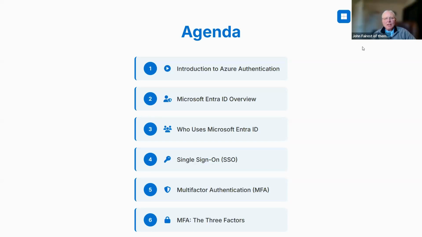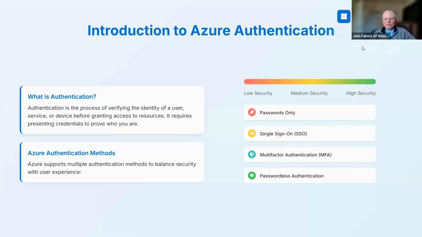Single sign-on, you've logged in using your email potentially and a password, and you've got access to a whole group of software from that. And you might have actually gone to an app on your computer or your tablet, and you're going through the single sign-on process then. MFA, I'm sure you've come across it, but we'll be talking about it and the three factors, etc.